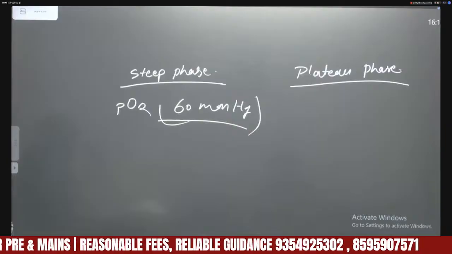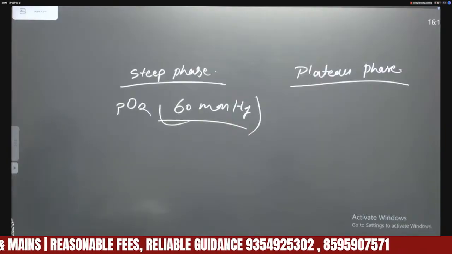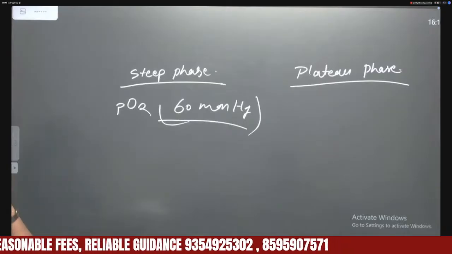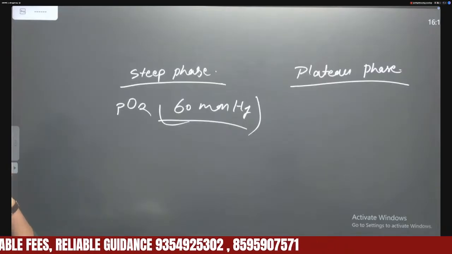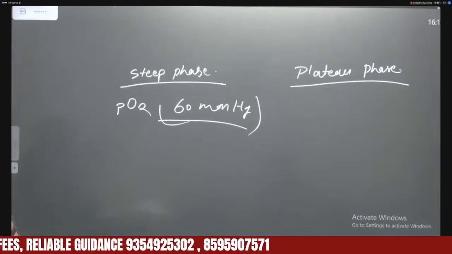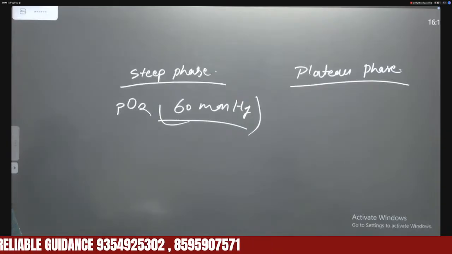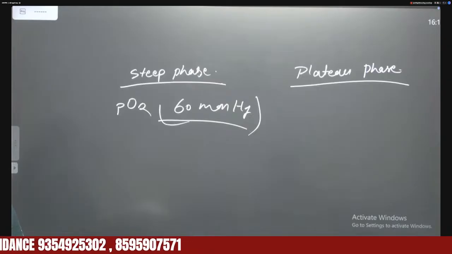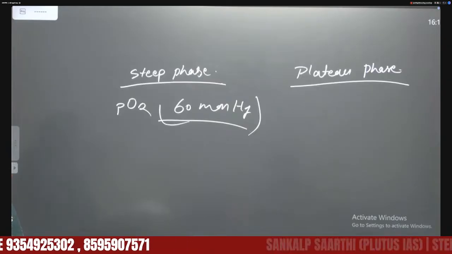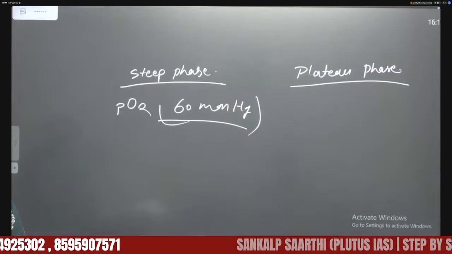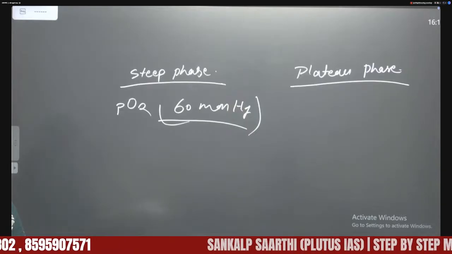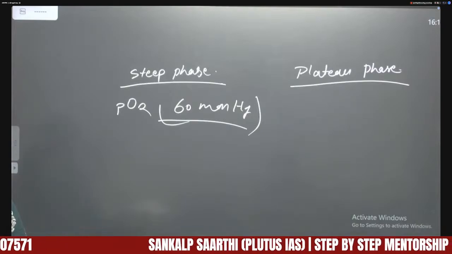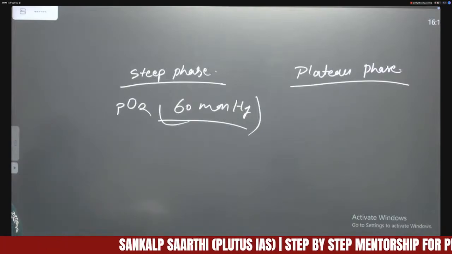In actively metabolizing tissues, hemoglobin readily unloads the large amount of oxygen to meet the cellular demands.